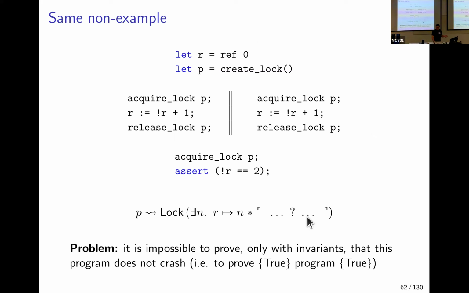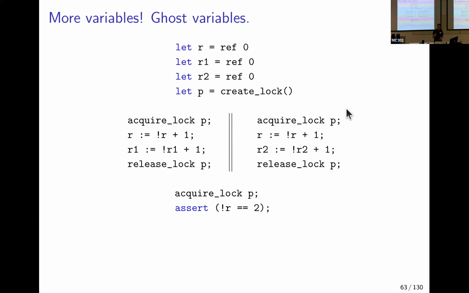So what you do is you add 2 new references that do basically nothing for your program, because they are just thrown away at the end. However, the first one is passed to the first thread. The second one is passed to the second thread. And so once you have those auxiliary variables, you are able to talk about the contribution of each thread.